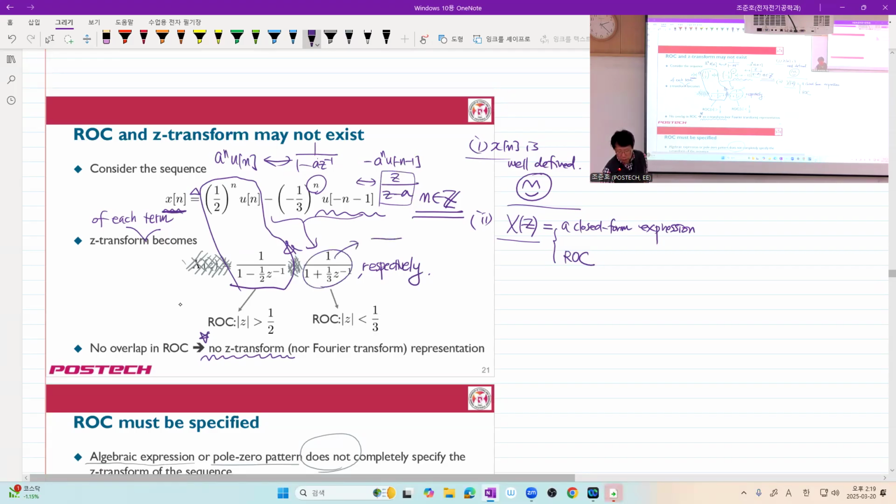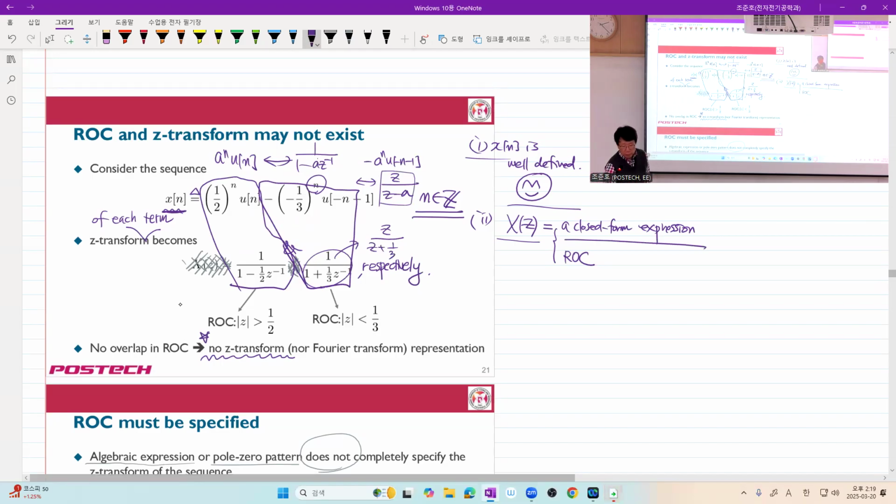Or this one, right? So it appears that, it's okay. We have two convergent infinite sums that have very good closed form expressions.